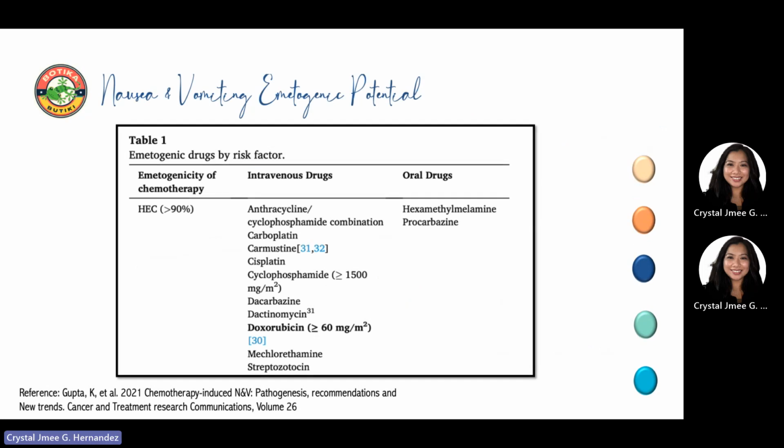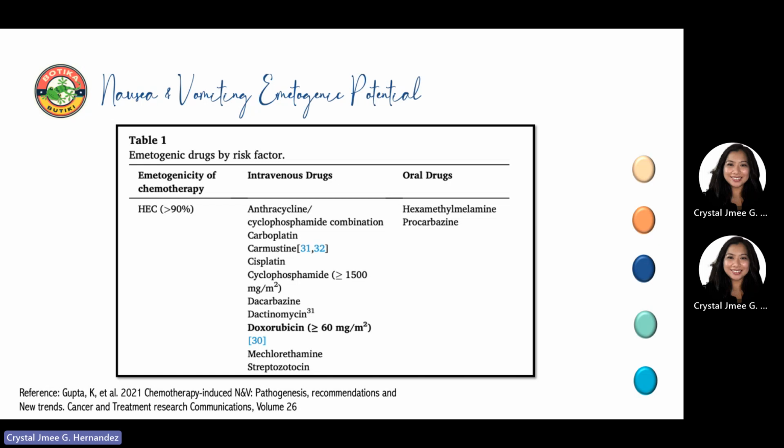And then here is the list of the emetogenic potential of the different chemotherapy drugs. We have intravenous drugs and oral drugs. For example, HEC means high emetogenic capacity, meaning 90% of the population given these would have an emetogenic effect.